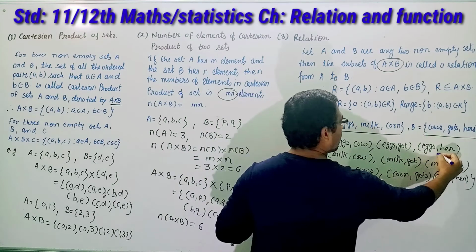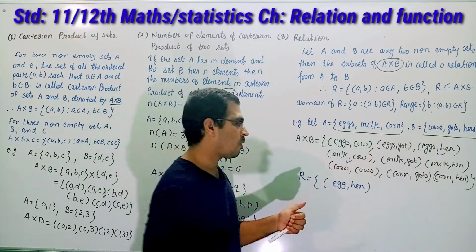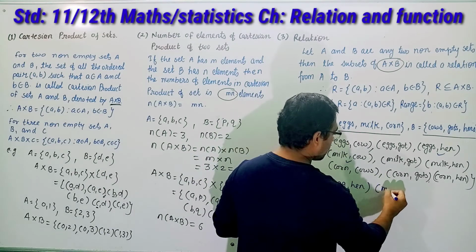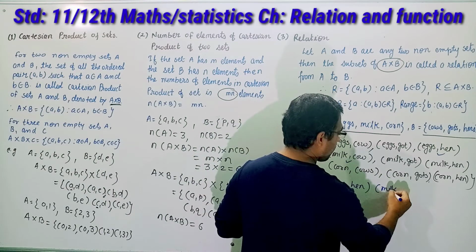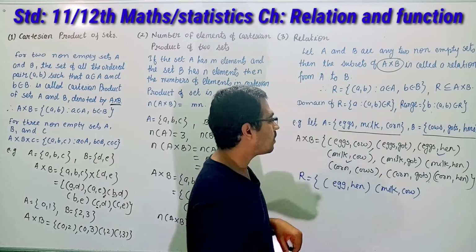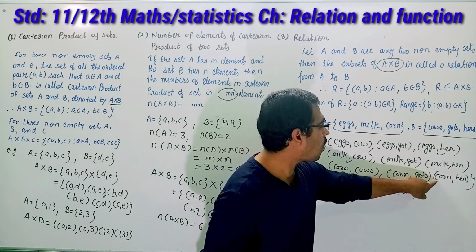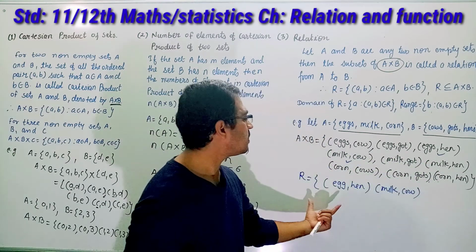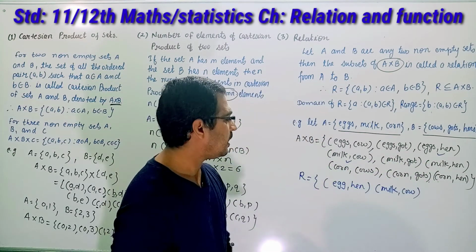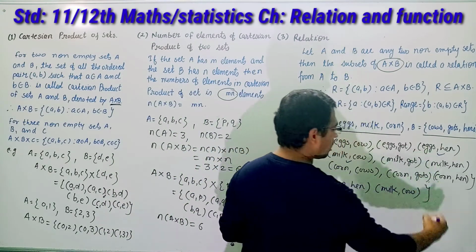Now milk, cow. We are taking another relation, milk and cow. Right students? Then corn with hen.